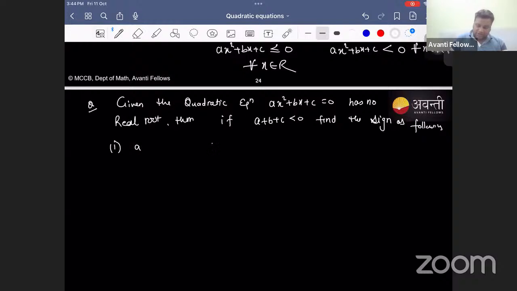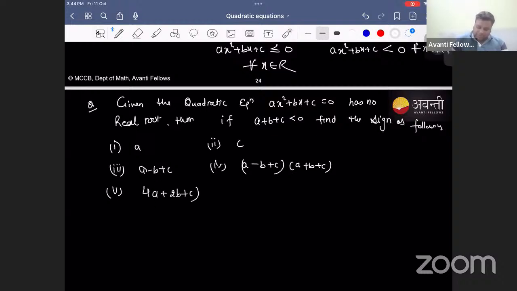First is a, second c, third a minus b plus c, fourth (a minus b plus c) into (a plus b plus c), fifth 4a plus 2b plus c, and a minus 2b plus 4c.